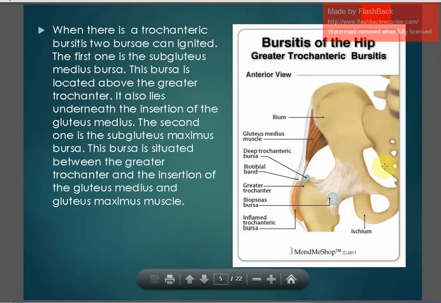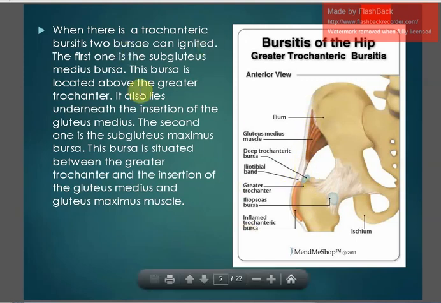So here in this picture you can see the ilium bone and the femur bone. This is the gluteus medius muscle coming down, and this is the iliotibial band continuing from this portion. You have a deep trochanteric bursa here, the blue color just at the top of the trochanter, and also the trochanteric bursa which lies covering the greater trochanter, beneath the iliotibial band and the gluteus medius muscle.